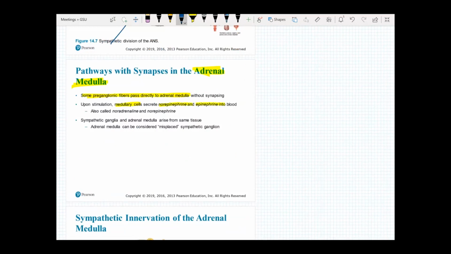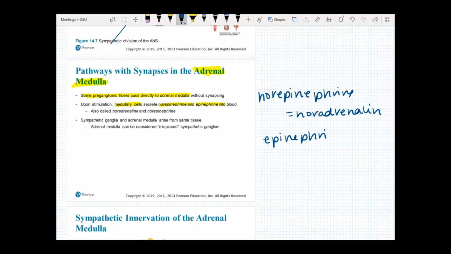Norepinephrine is the technical term for noradrenaline, which is probably not the most common, but epinephrine, which is what is found in rescue meds for allergy reactions, is adrenaline. So norepinephrine and epinephrine, noradrenaline and adrenaline.